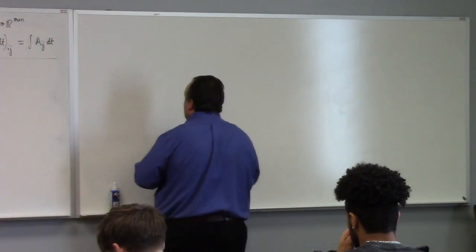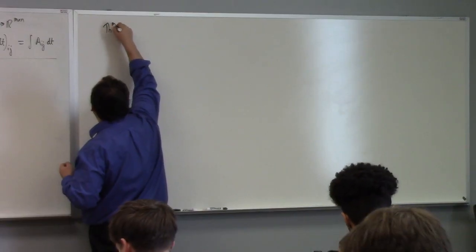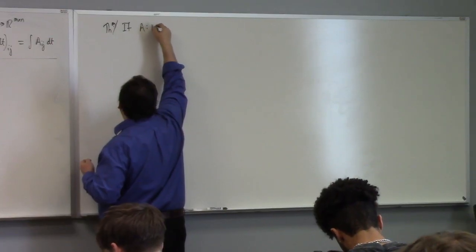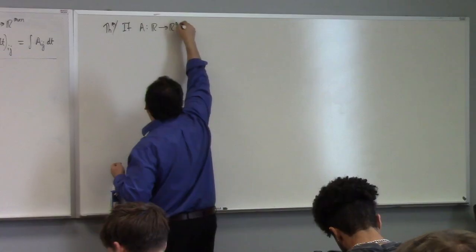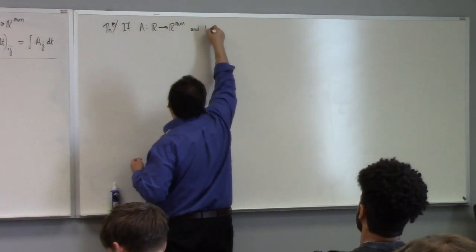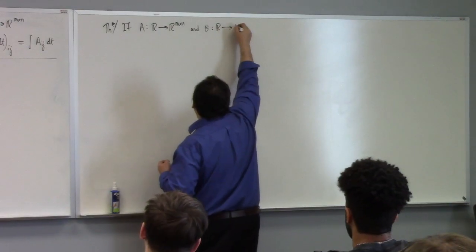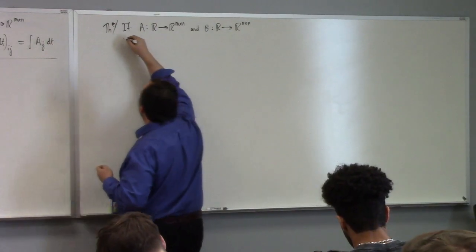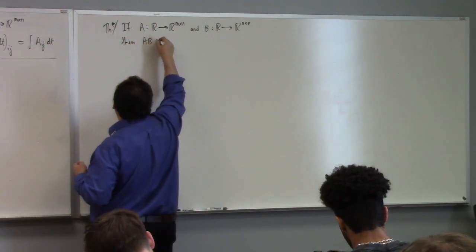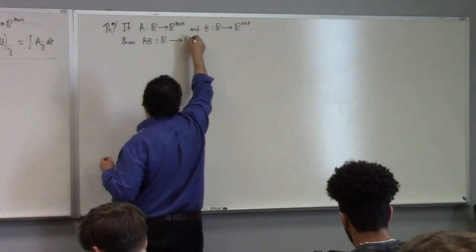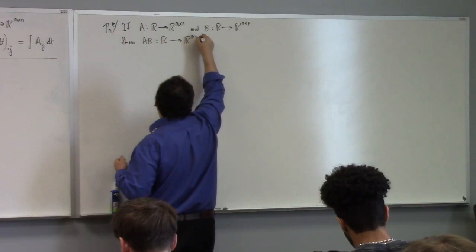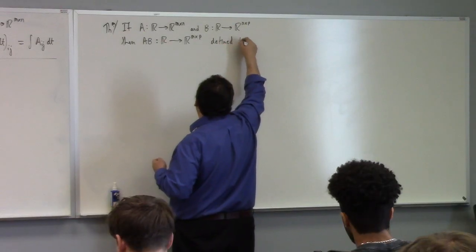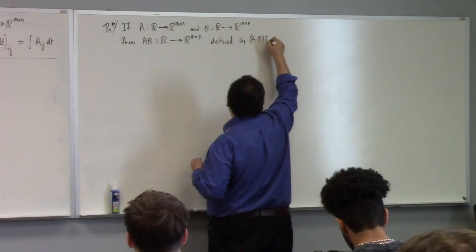What I'm talking about? So theorem: if you have A, which is a mapping from, say, the reals to R m by n, and B, which is a mapping from the reals to R, let's see here, n by p, then A times B is going to be a mapping from the reals to R m by p, defined by AB at time t is what?